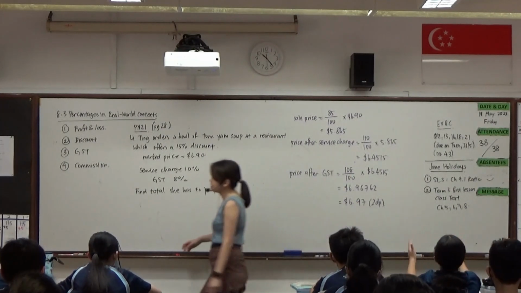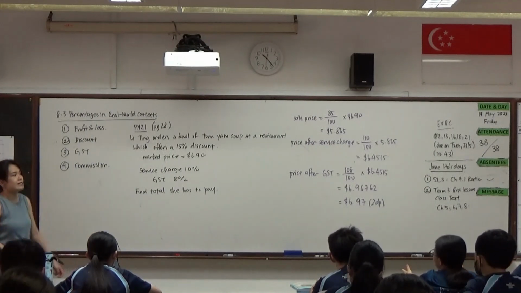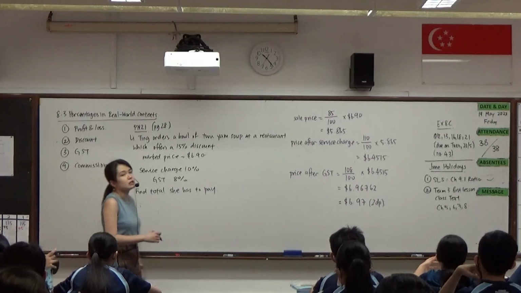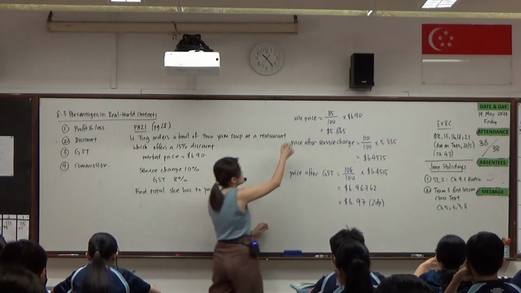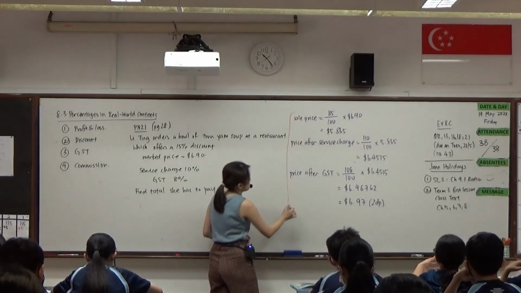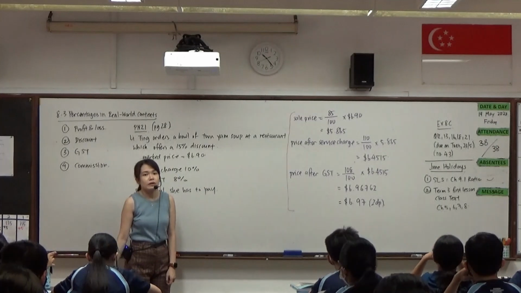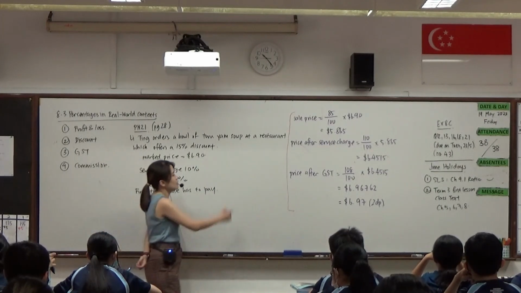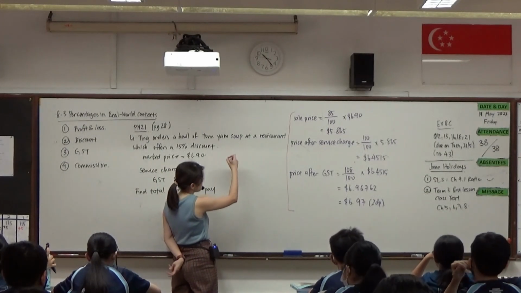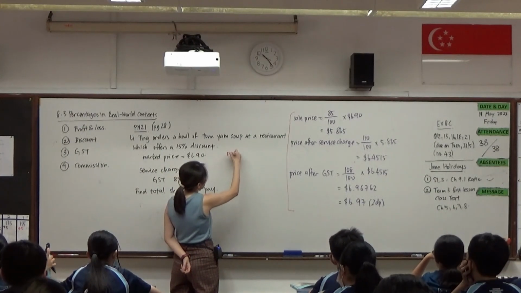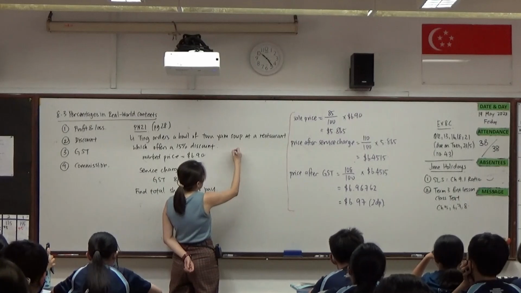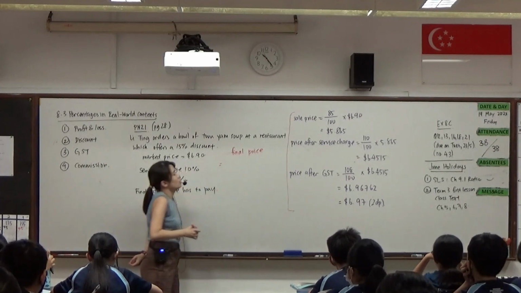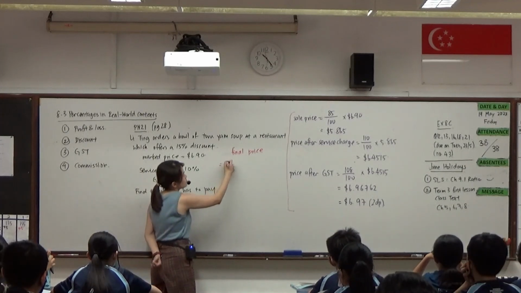Now something that I did not cover in the video lesson itself is that there is actually a shorter way of presenting your answers, instead of covering all the steps like that. When we're trying to find out the final price to pay, we start off with $6.90.